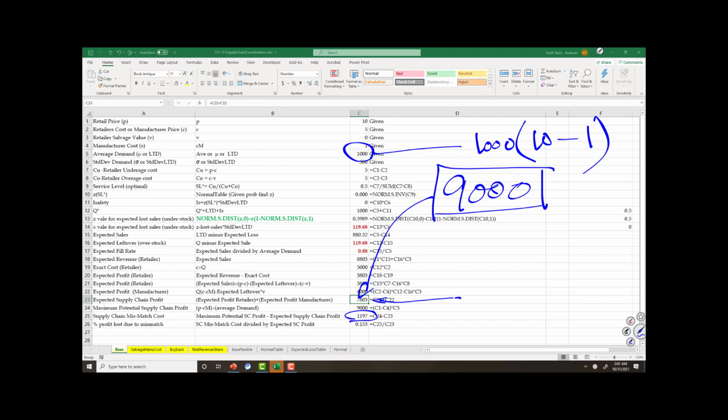One is lack of complete information on the actual demand. The other one is lack of coordination between supplier and manufacturer. This gap has led to 15% less profit than the maximum possible profit.